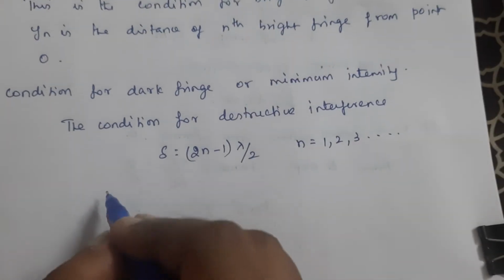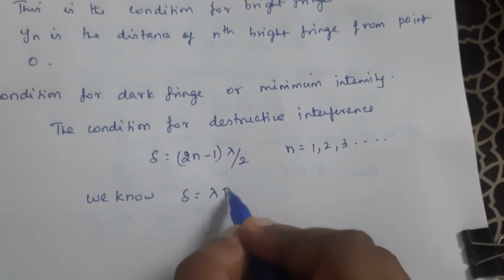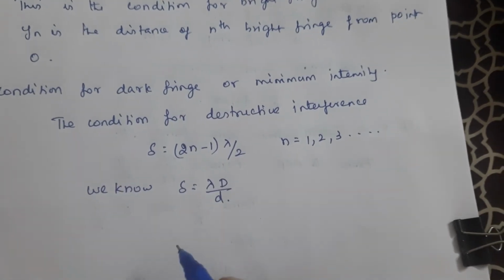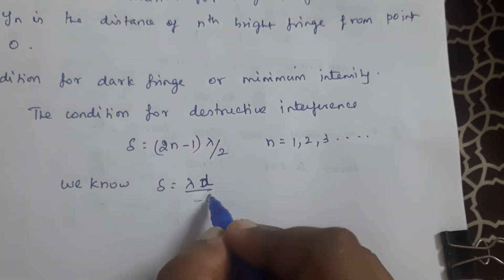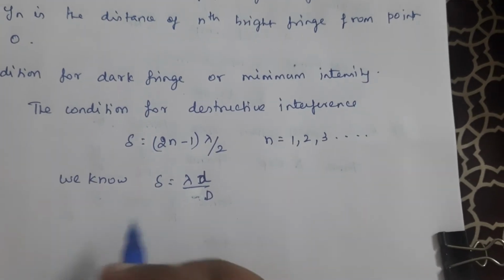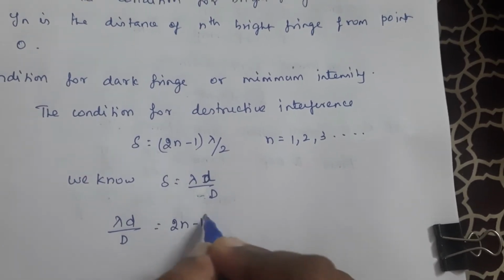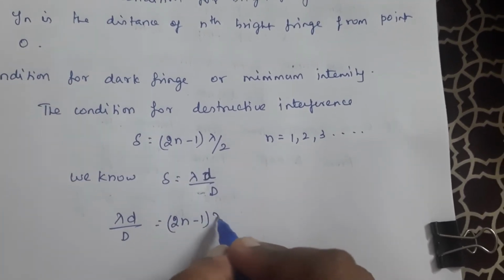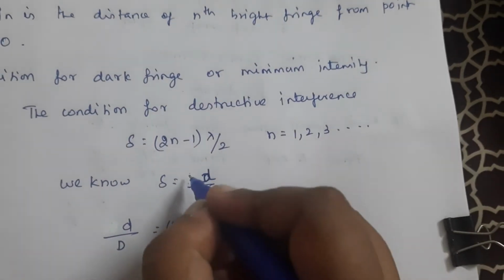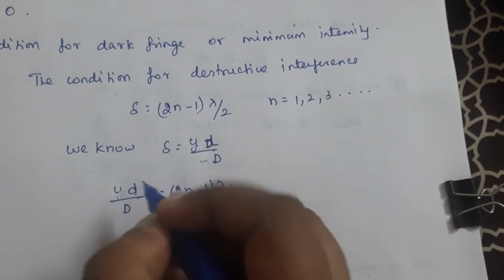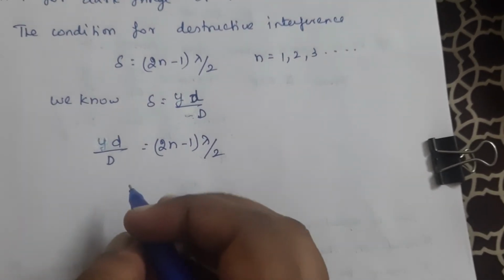Now we know the path difference delta is equal to yd by D. Sorry, there is a mistake, this is yd by D. Now substituting here, yd by D is equal to (2n minus 1) lambda by 2. So now we can find y.